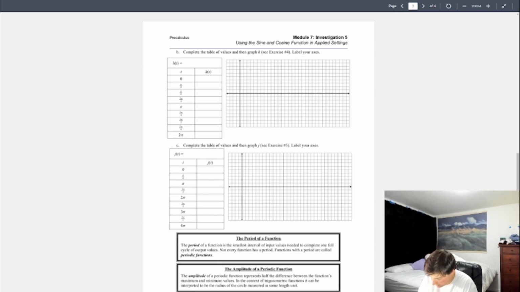Okay, so it's just going to be negative 1.62 again for 7 pi over 2. Let's see. 7 pi divided by 2. This times 0.5, sine of that answer. This times 2.3. Negative 1.62.